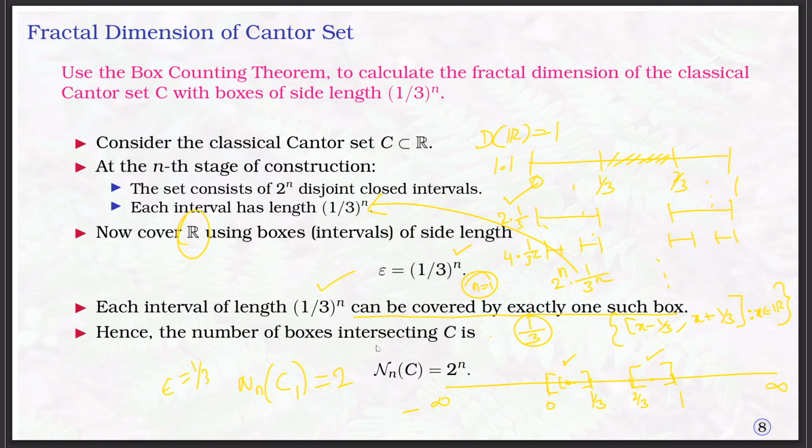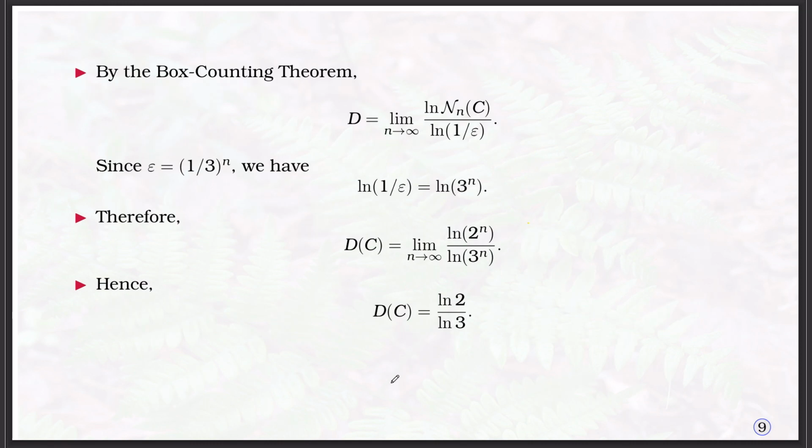We have 2 power n boxes in each iteration, therefore 2 power n boxes are needed to cover. Applying the box counting theorem, one gets ln of N of C by ln of 1 by epsilon, which gives ln 2 by ln 3. So, the box counting dimension of the Cantor set is ln 2 by ln 3.